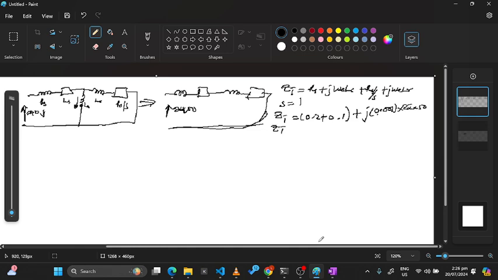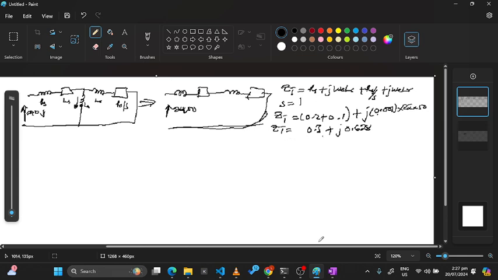So this will give you your Z total, and that's going to be 0.3 plus j 0.628, right? So this will be your Z total.